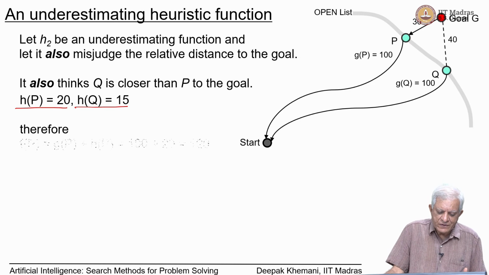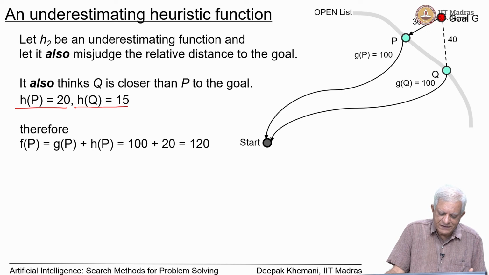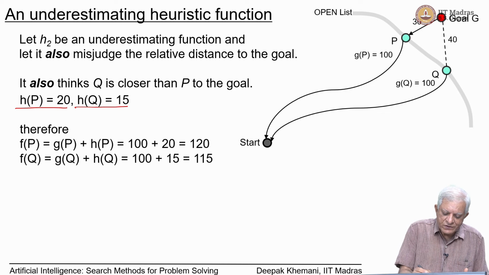So, the same thing applies, you compute f of p and f of q. The g of both p and q is 100, whereas it is the h values which are different. So, we find that f of p is 120 and f of q is 115.